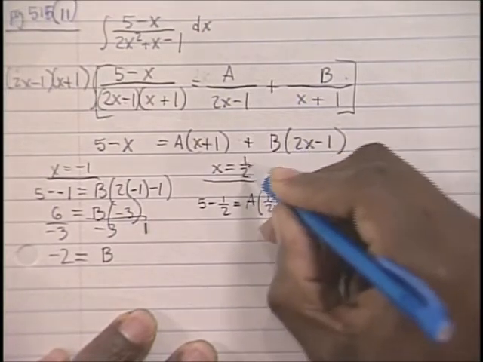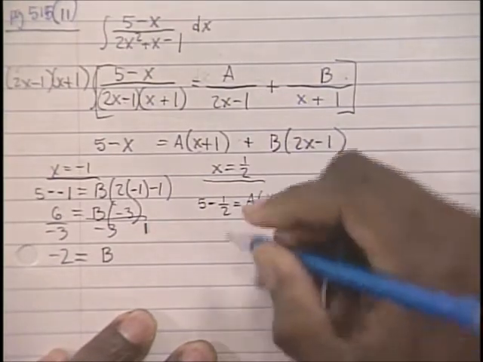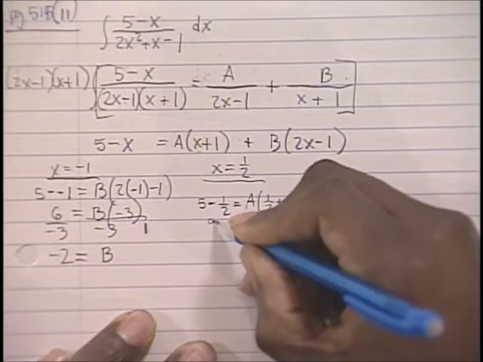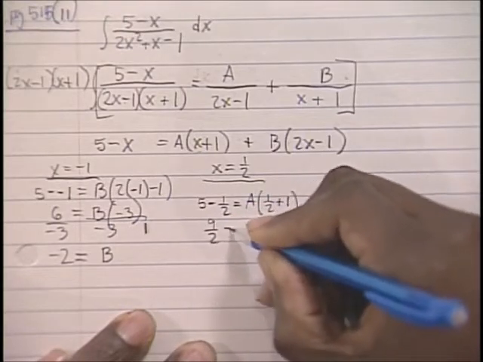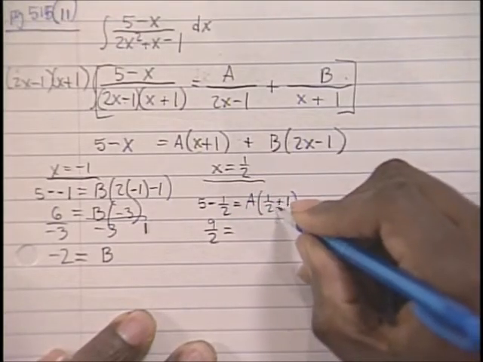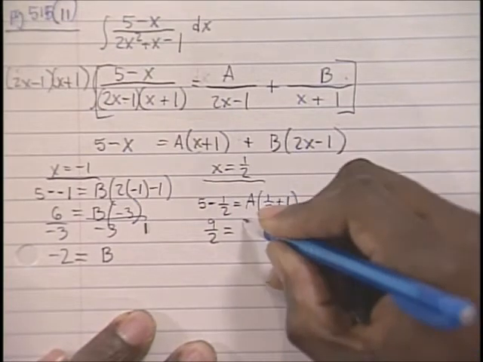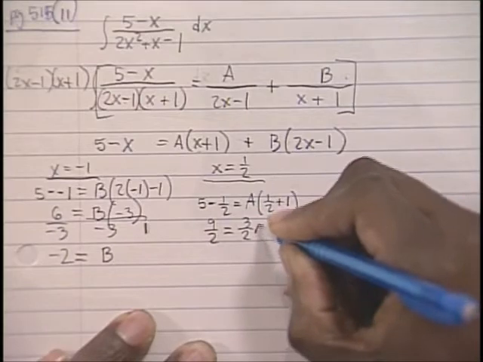And if you put one half here, all of this would go away. So you end up with 10 halves minus 1 half, that's 9 halves, is equal to 1 half plus 2 halves, which is 3 halves, times A.